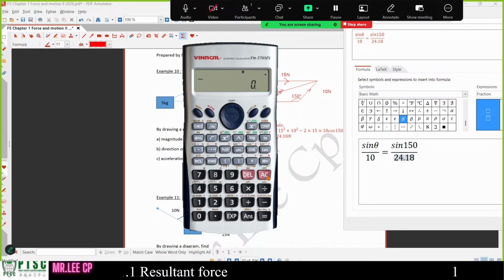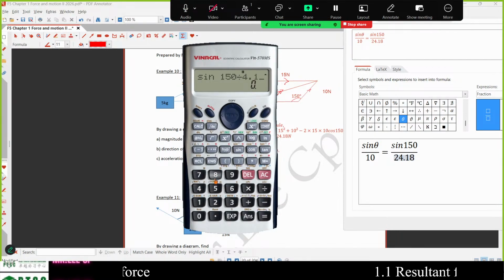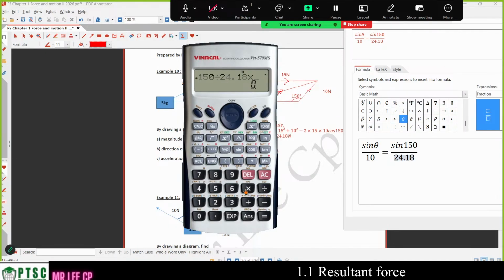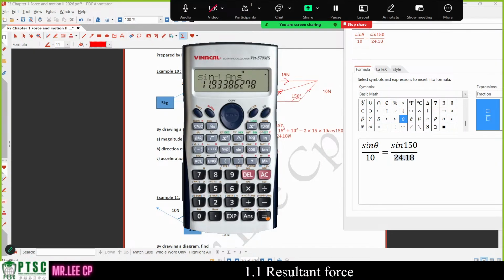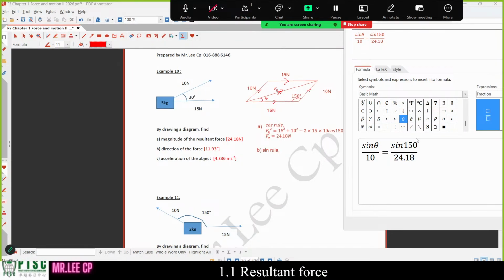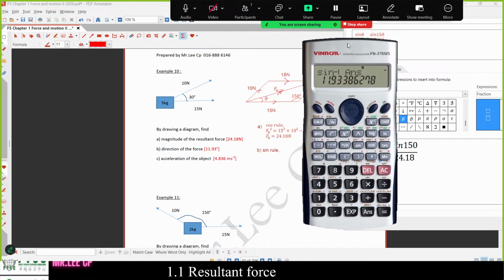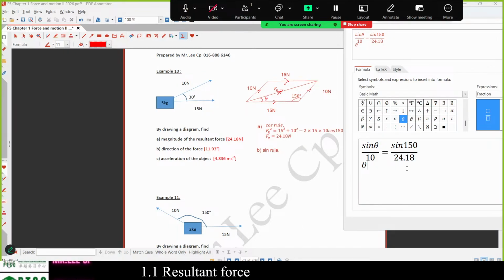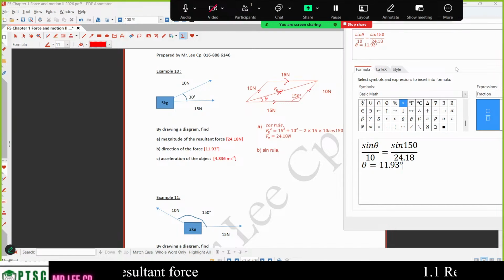One more time: sine 150 divided by 24.18 times 10. Then I shift sine, equal to 11.93. Theta is 11.93. The unit is degree. That's all.